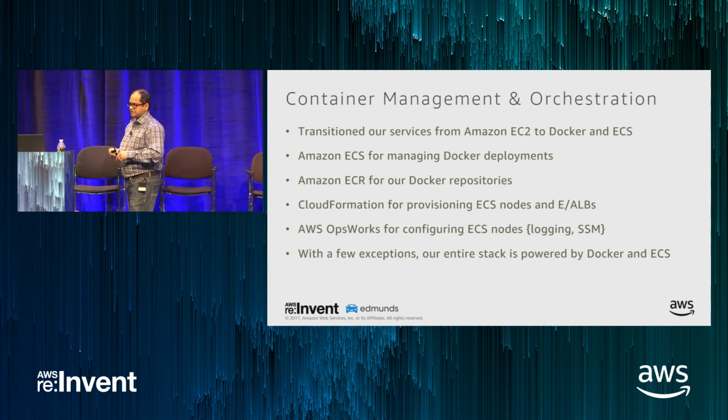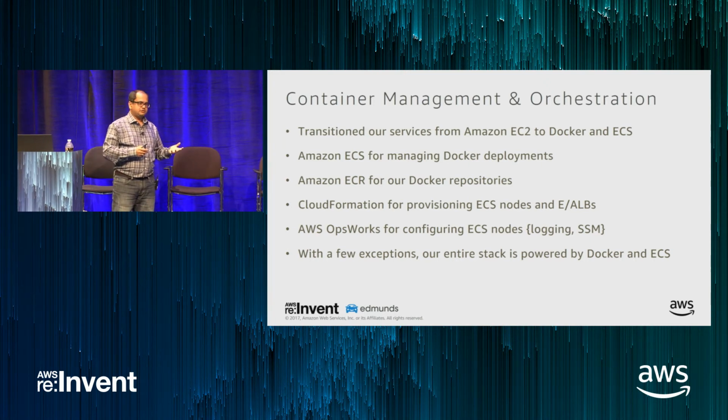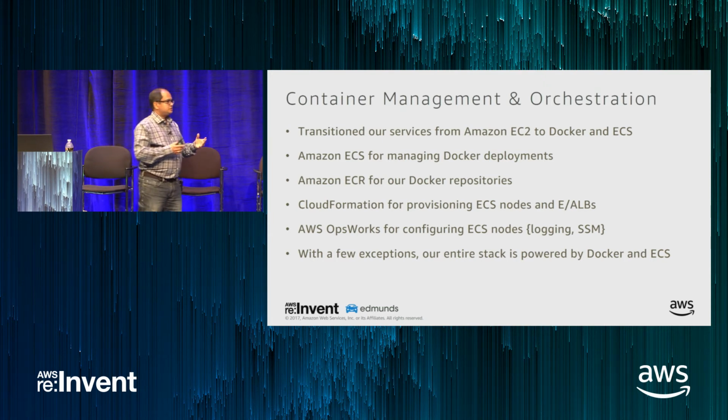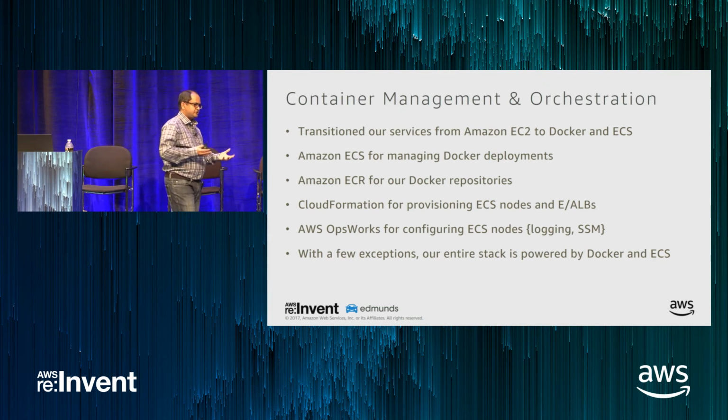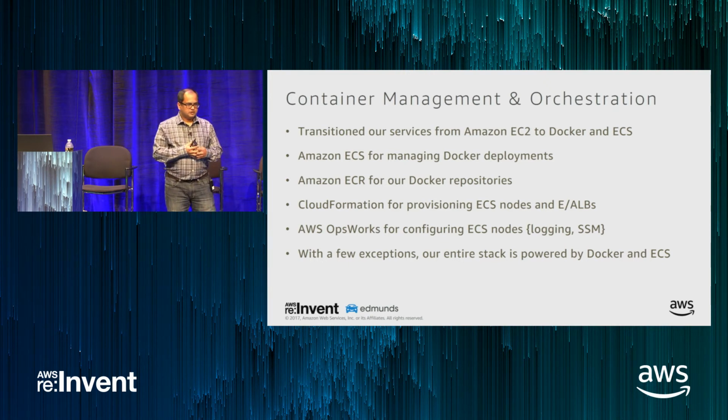So basically, we migrated all of our services. About 95% of our services that used to run on EC2 are now running on Docker and ECS. ECS is managing all the underlying infrastructure, deployments, auto scaling, all of that. Once the images are ready, they are put into ECR. And we use CloudFormation and OpsWorks to provision the ECS cluster.